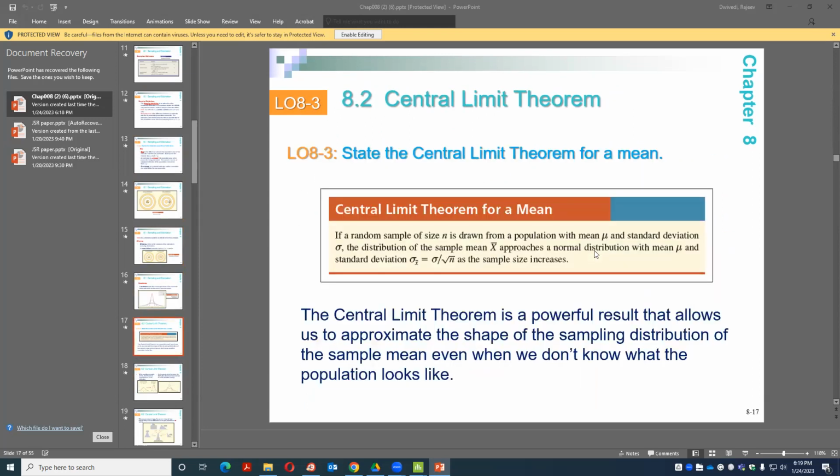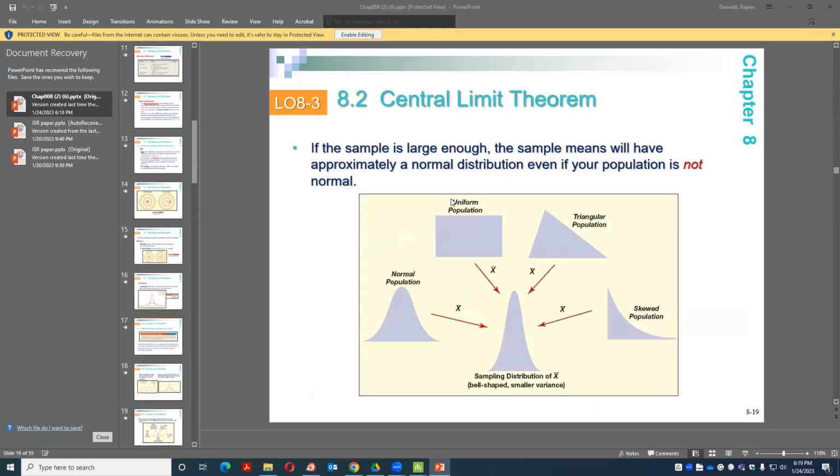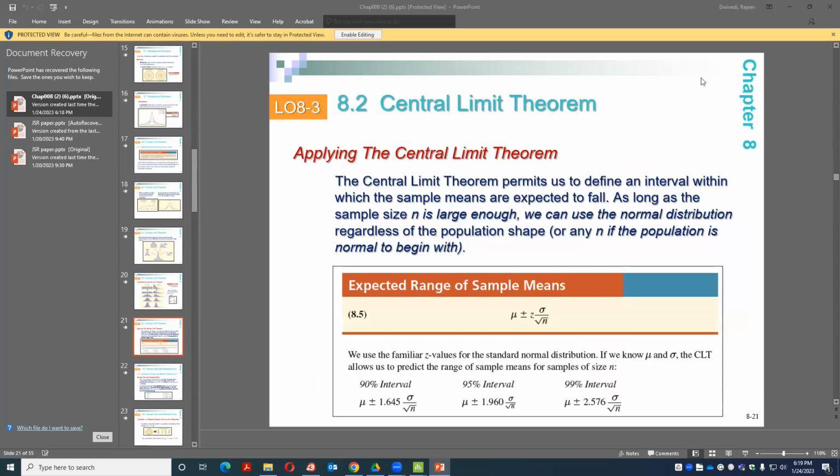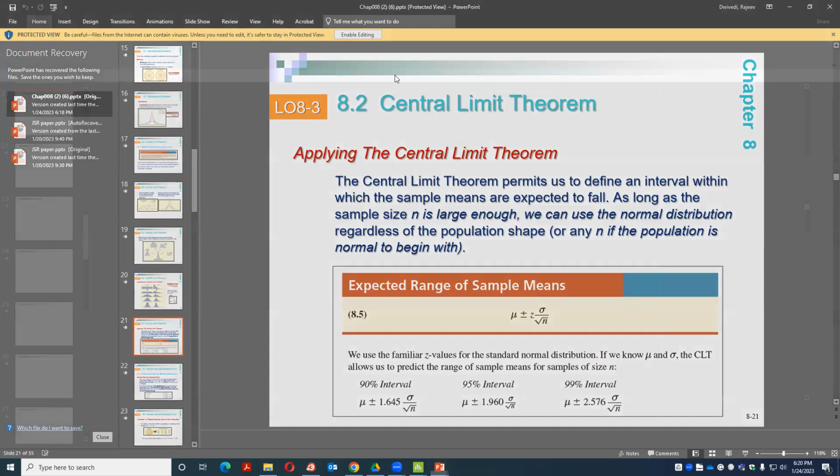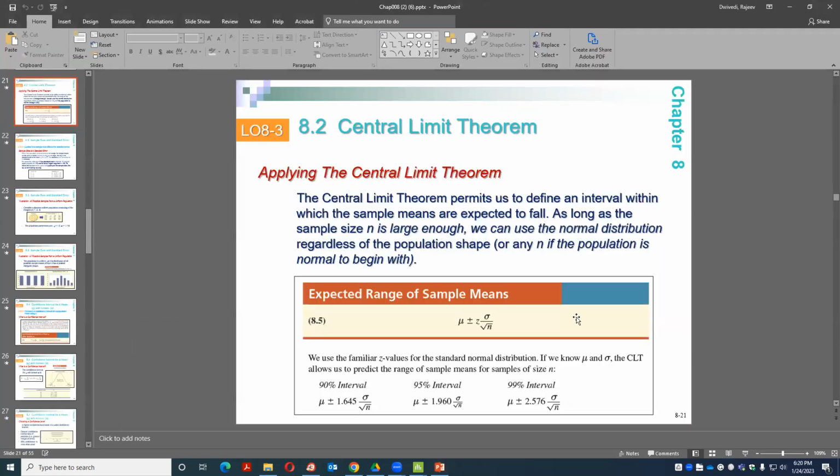Let me go directly. All distributions become normal distribution when you have a large sample size. This is the most important formula that you need to keep, and some of the questions are based on this directly, or you just need to add a little bit of thinking from your side, and then you can answer the questions.